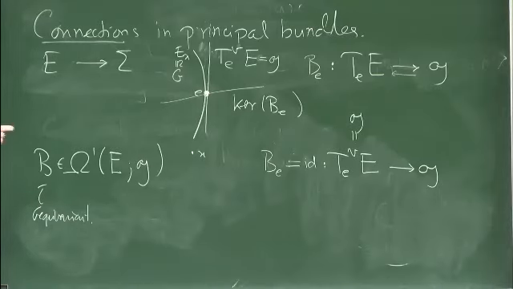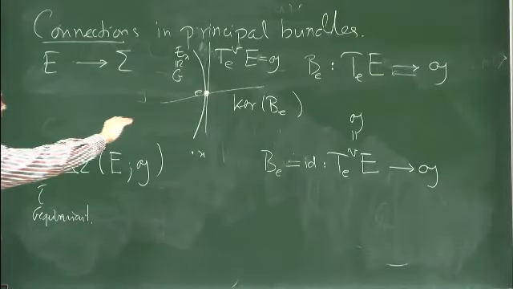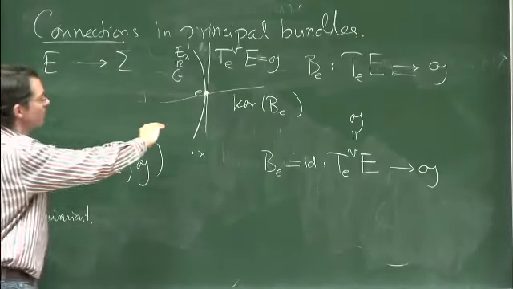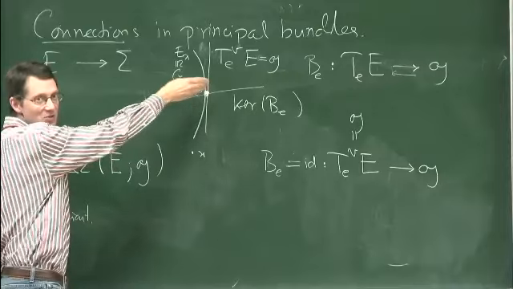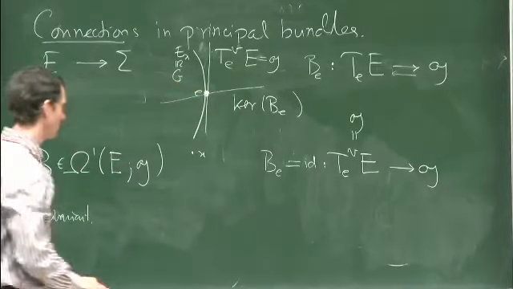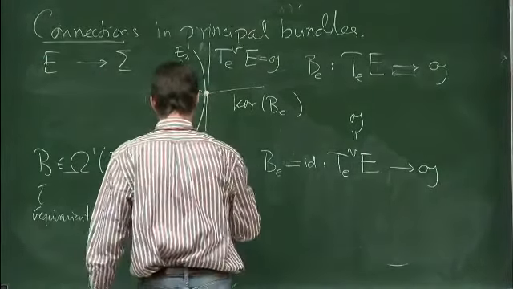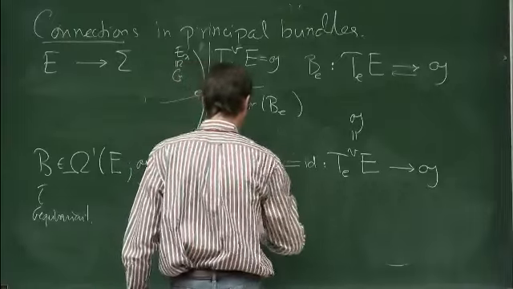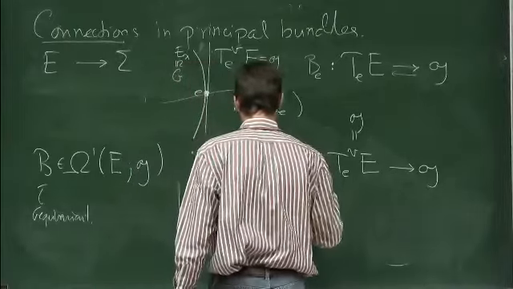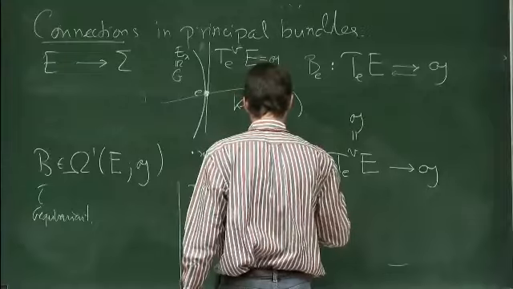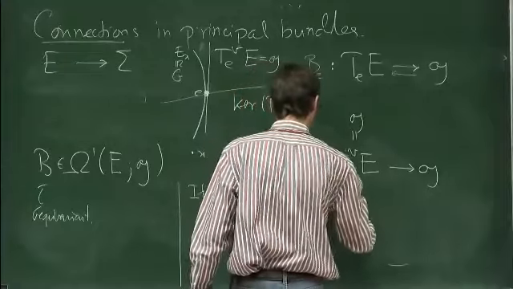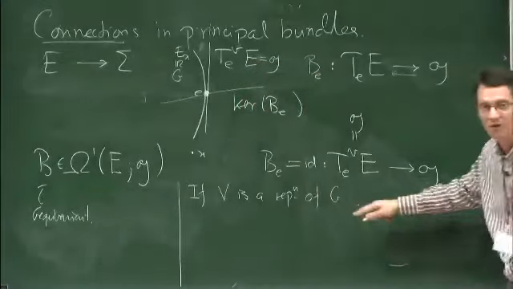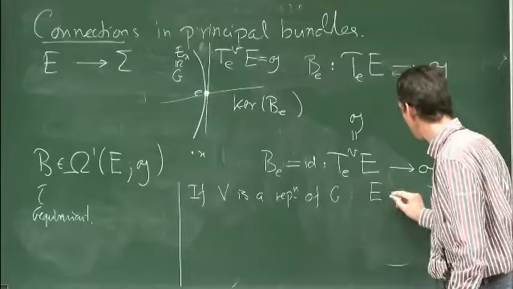Why is it useful to have connections? There are many ways they're useful, but one way is that you can differentiate sections of any associated bundle to this principal bundle. So if V is some representation of G, we have this associated vector bundle, as Thomas explained to us.